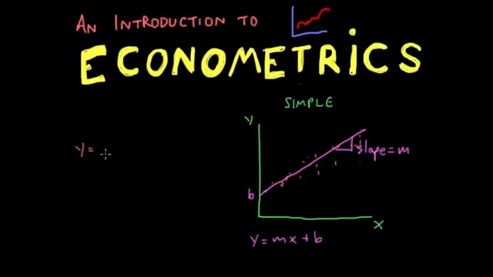Y is equal to some constant, which would be our b, we're going to call it beta 0 or beta naught, plus our slope, which was our m here, times one independent variable, then plus our error term, which we often call u.